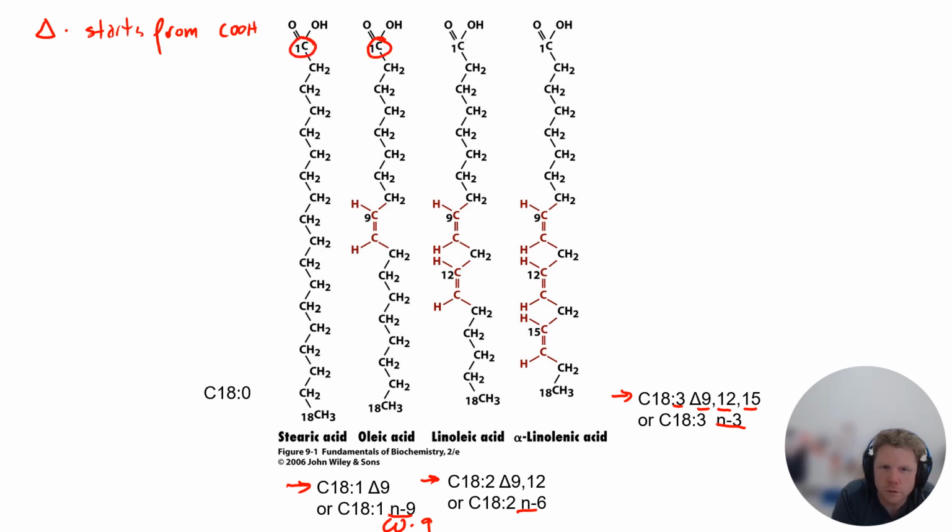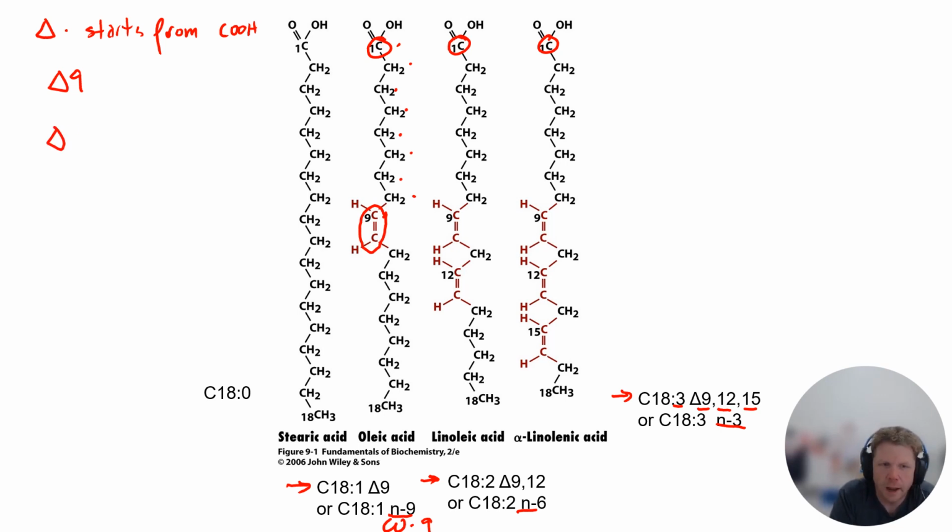I'm going to erase this one because that is a saturated fatty acid. Our delta scheme is going to say 1, 2, 3, 4, 5, 6, 7, 8, 9. So delta 9: a double bond is between carbons numbered 9 and 10.